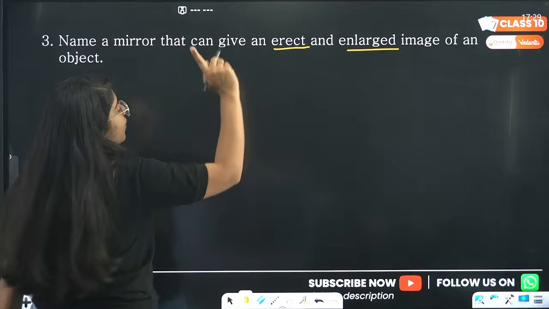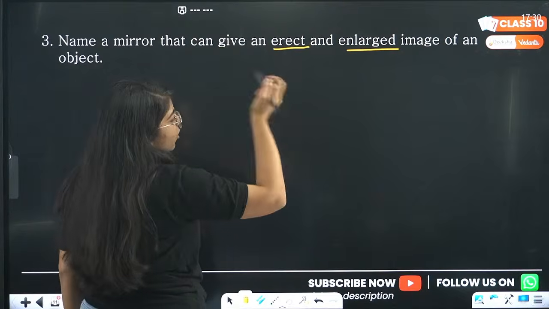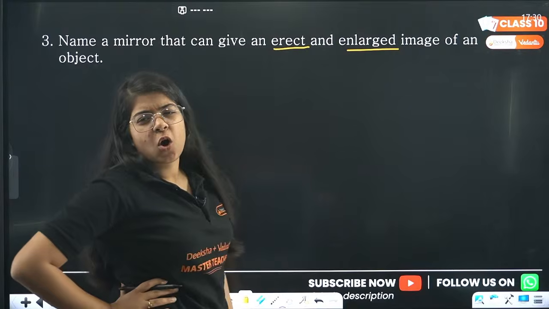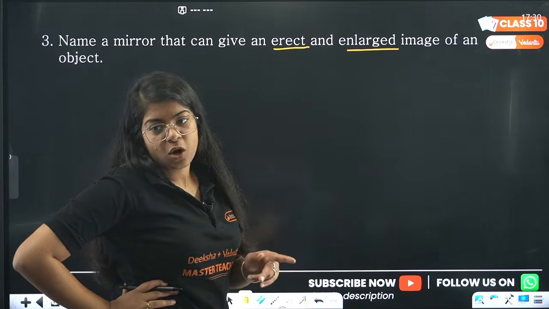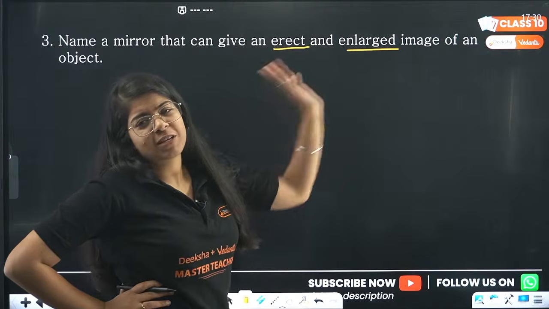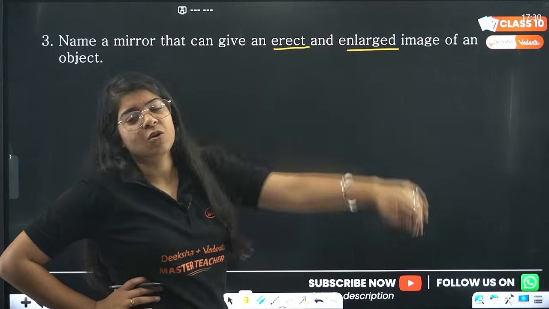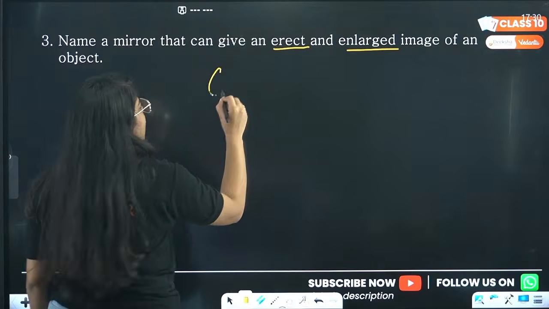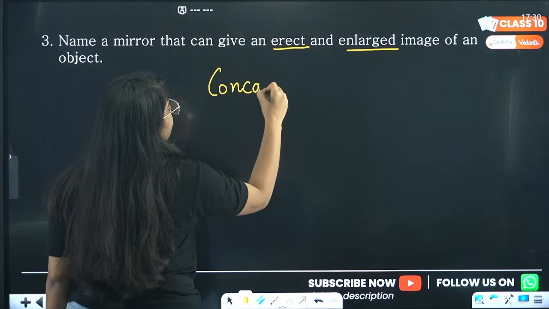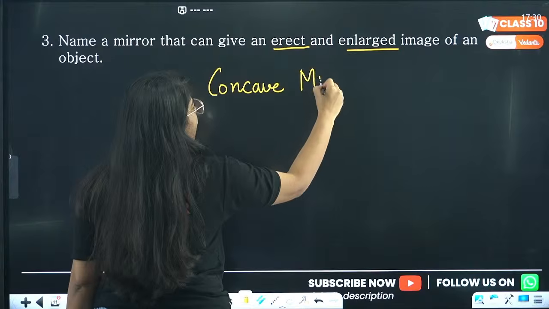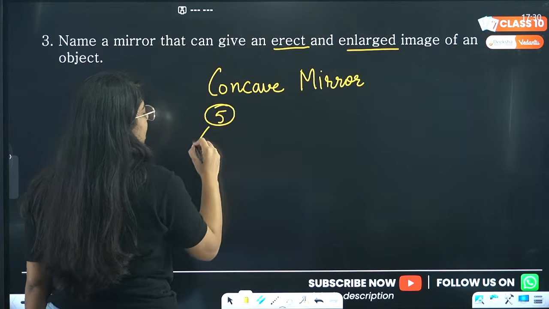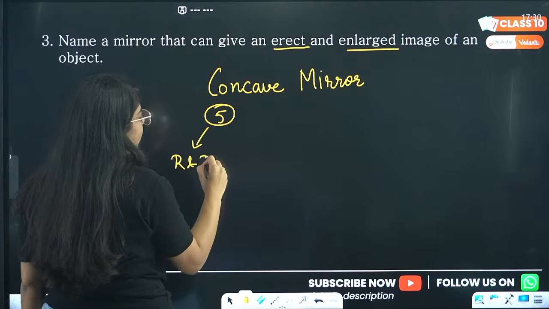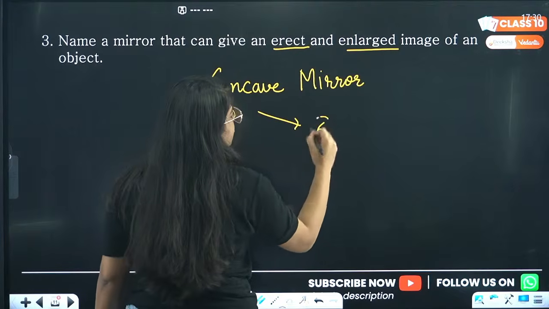We have 2 mirrors, concave mirror and convex mirror. A convex mirror always forms an erect image, but it is always diminished, always small. So the convex mirror is out of the picture in the first go. What is left is the concave mirror, and in a concave mirror the first 5 cases are real and inverted. So the 6th case is left.